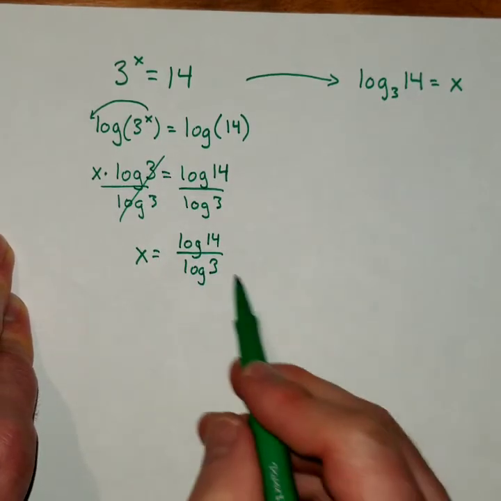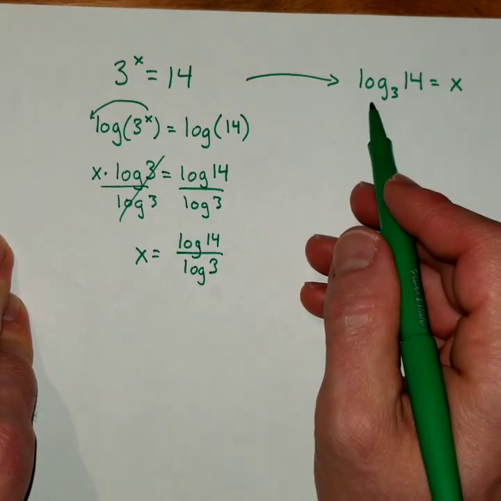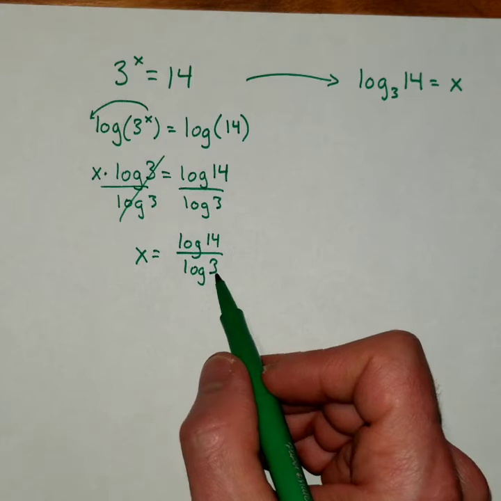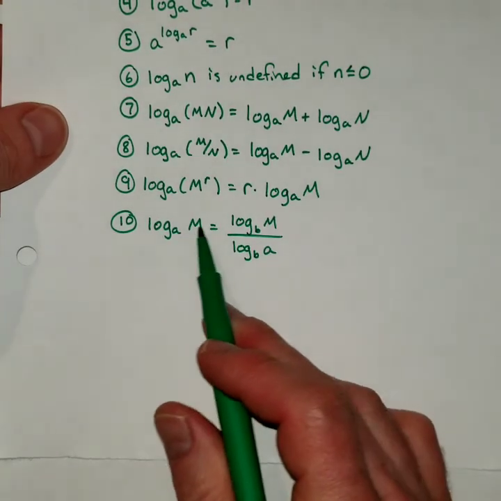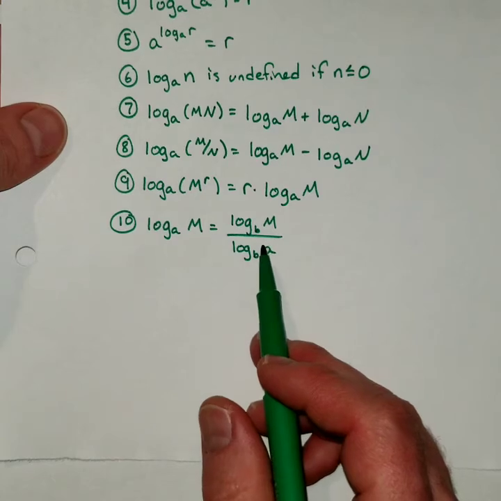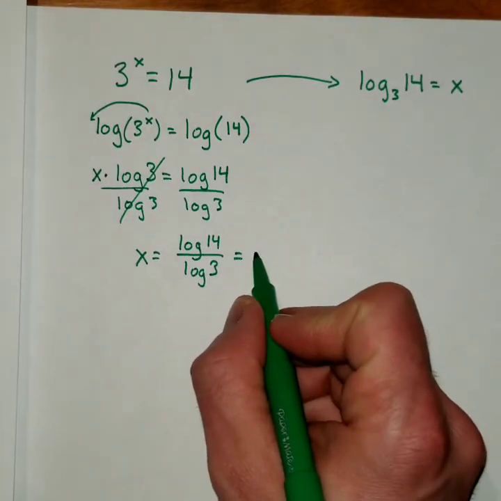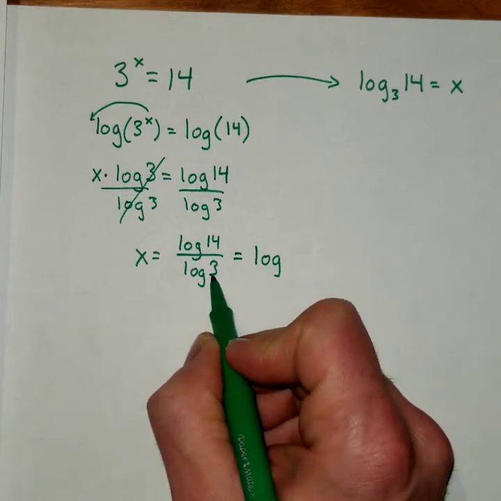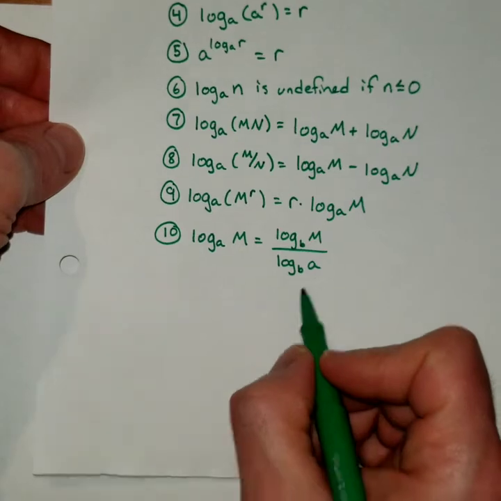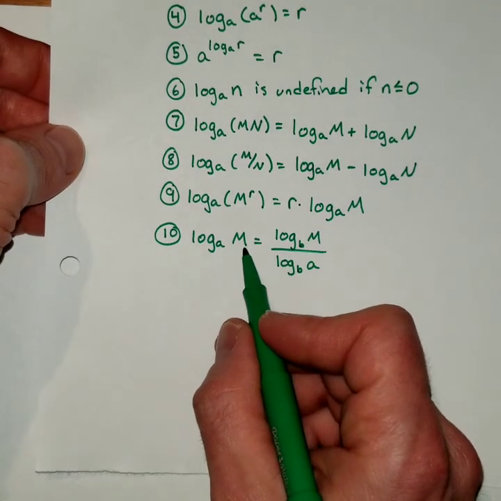Now of course that doesn't seem to match up, but really it is the same answer we got before, because if I use my change of base formula and work it backwards, the argument from the bottom becomes the base, and the argument from the top becomes the argument.